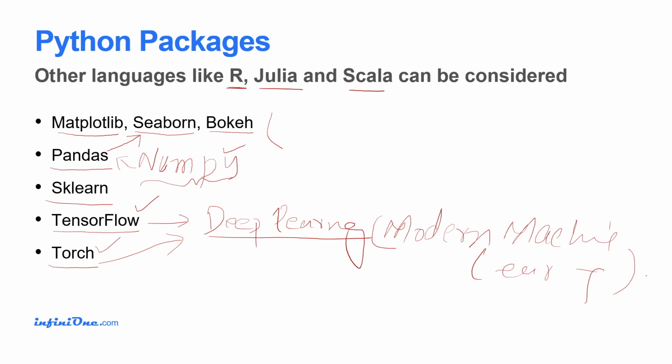In my experience, most of the people from industry use TensorFlow, and several people from academia use Torch. I myself use TensorFlow for deep learning, but which one to select is really up to you. You can go for TensorFlow and find it awesome, or you can go for Torch and find Torch awesome.